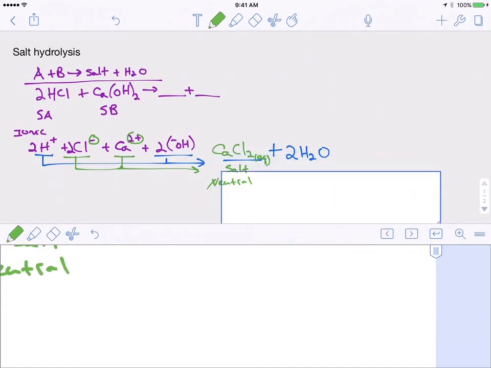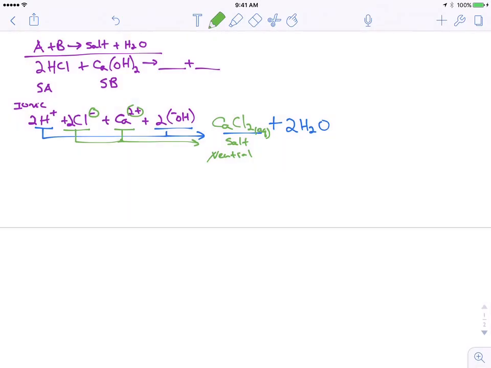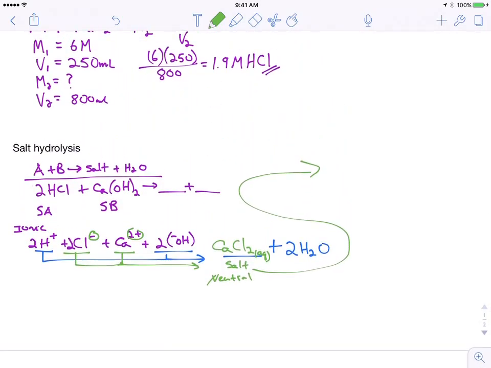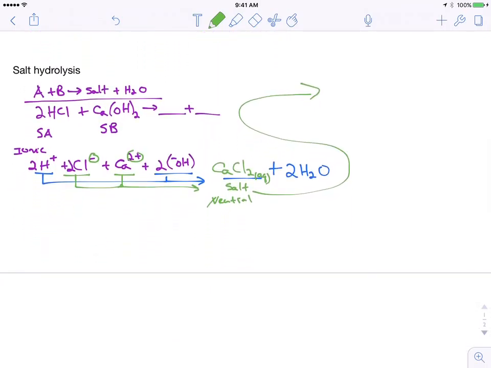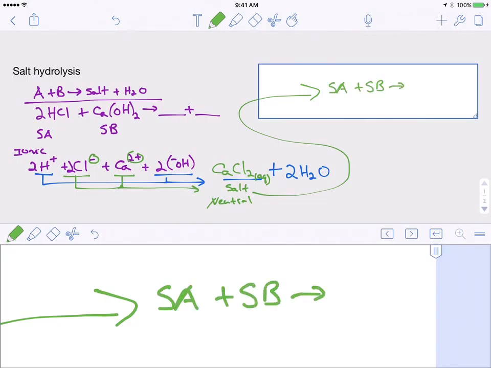And just let's talk a little bit about if it's neutral or if it's not. So I'm going to make a little S up here. What we're talking about here is strong acid. A strong acid plus a strong base, they both associate and they create a neutral salt.